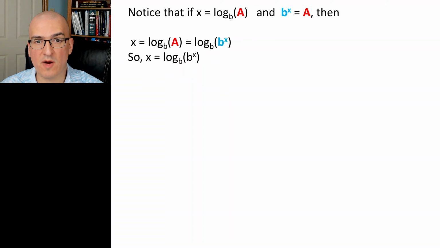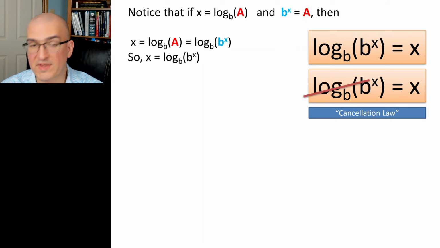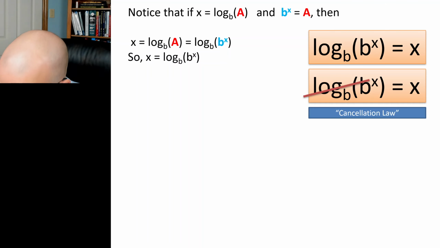This is our first property of logs. It's called the cancellation law. And there's actually two cancellation laws. This is the first order of the cancellation law. The other order is b to the power of log base b of x is equal to x.